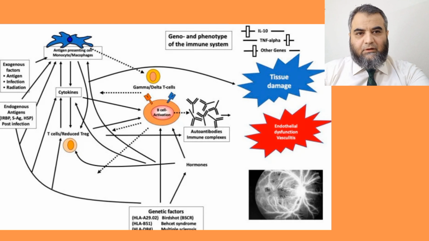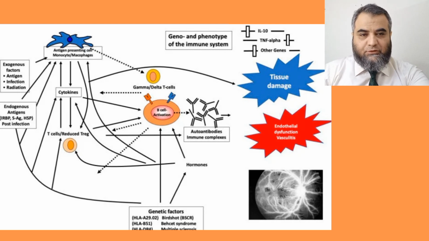This is a beautiful schematic diagram which shows us the molecular level, the genetic pathways of this whole disease, the pathogenesis. There are basically two pathways, exogenous and endogenous. Endogenous factors may be interphotoreceptor binding proteins, S antigens, heat shock proteins, post-infections.